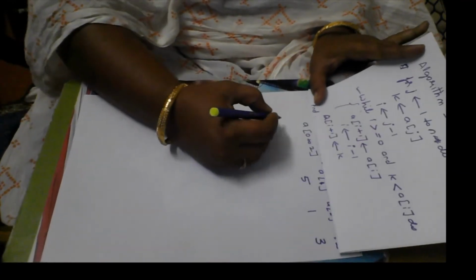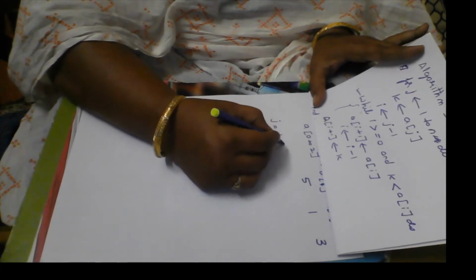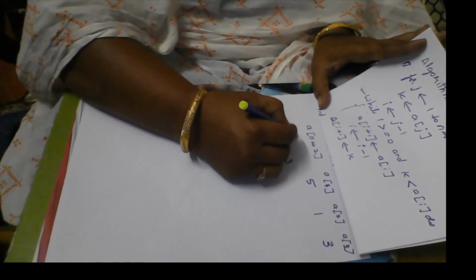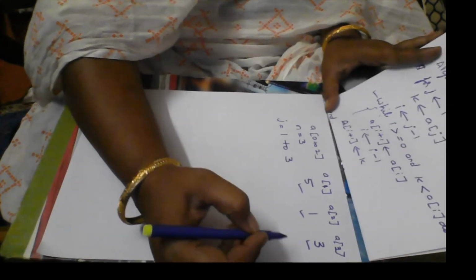As per the algorithm, first let us start with index j. What is your j index? It varies from 1 to 3. Here n is equal to 3 as I have got 3 elements: first element, second element and third element.